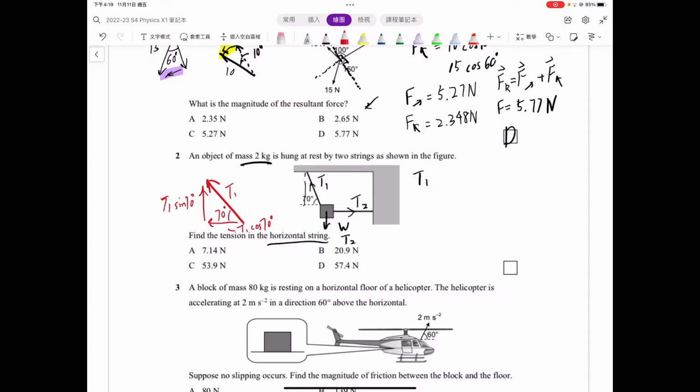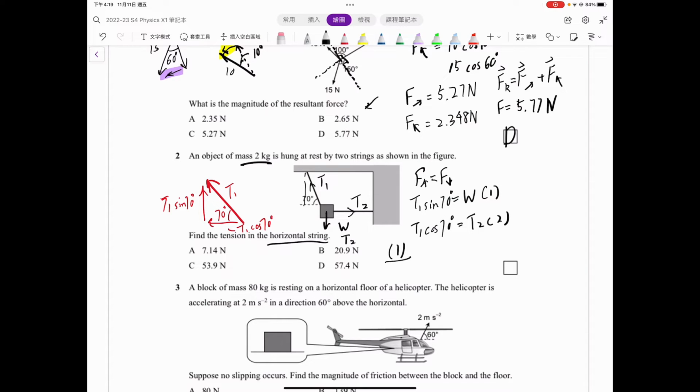When we consider the vertical direction, upward equals downward. The upward force T1 sine 70 degrees equals the weight, and T1 cosine 70 degrees equals T2. This is the force pointing to the left and this is the force pointing to the right. You have two equations, 1 and 2.